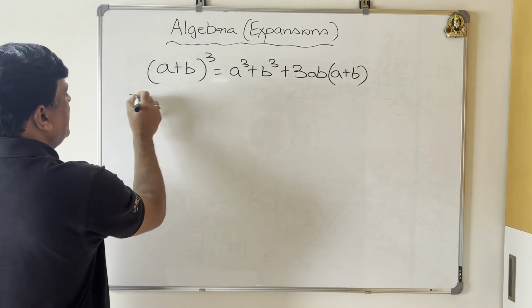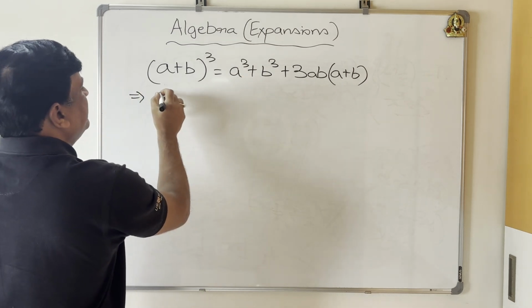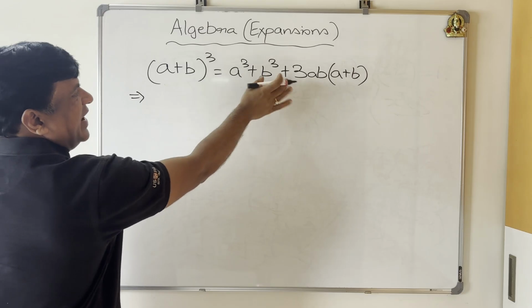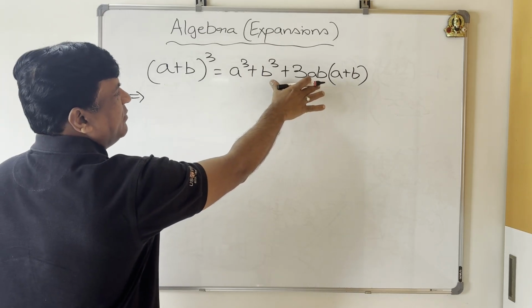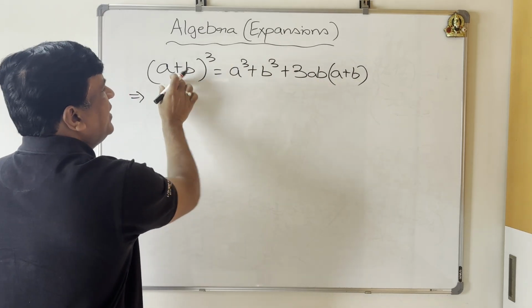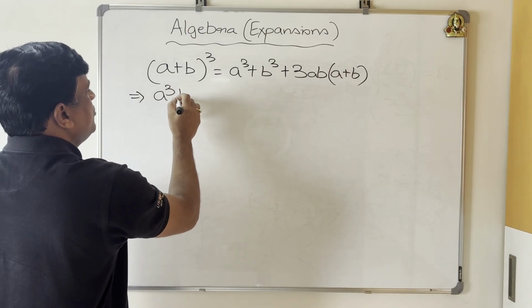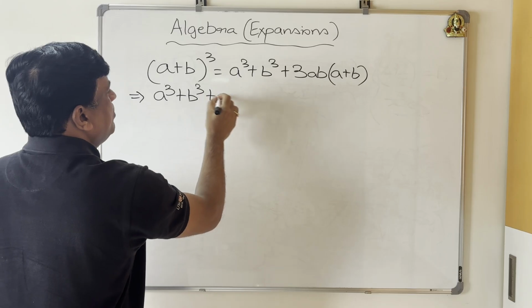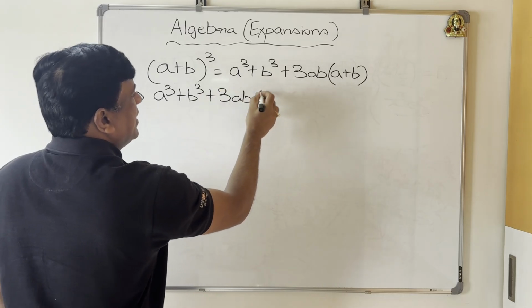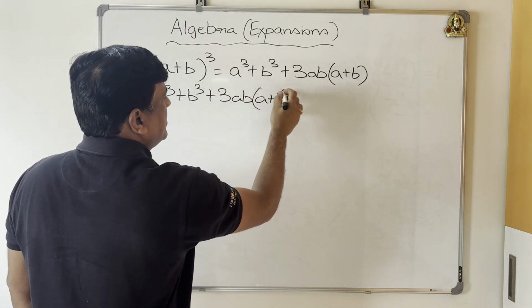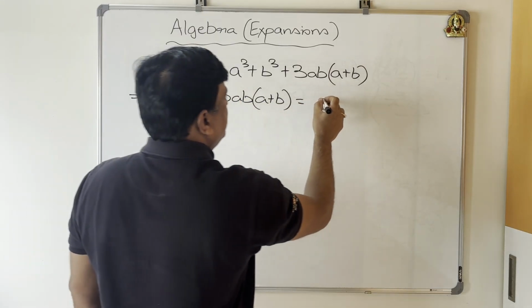Can I do this? I'm going to write the expression on the right side on the left, and I'll just reverse them. a³ + b³ + 3ab times (a + b) is equal to (a + b) whole cube.